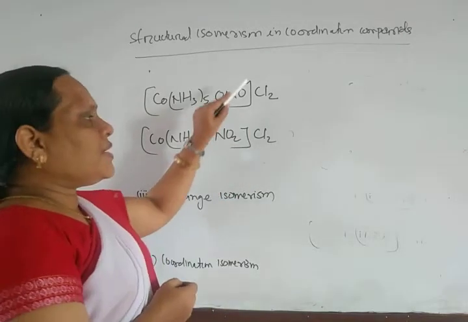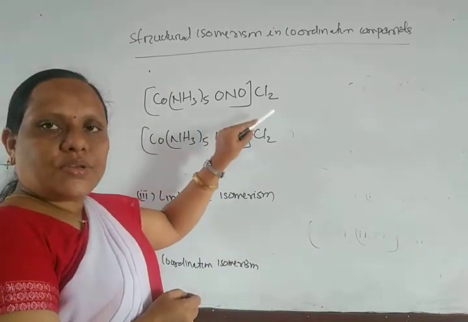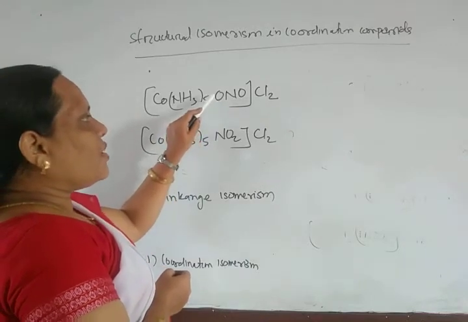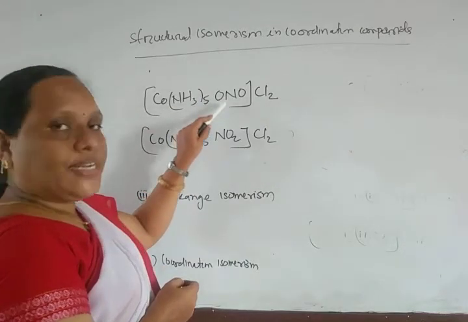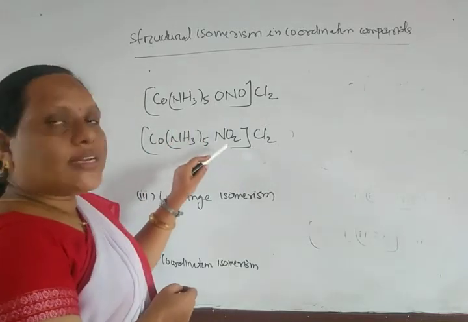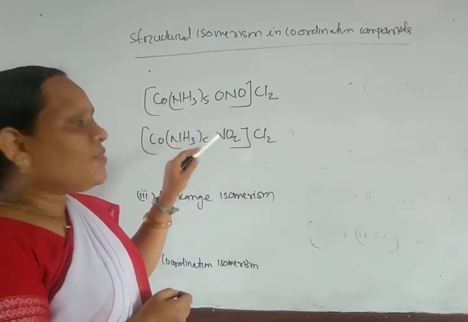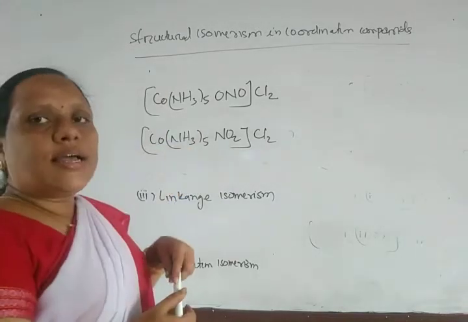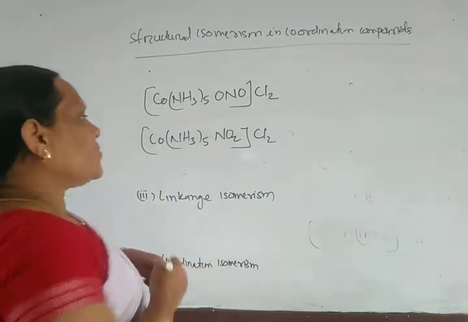Both are precipitated by aqueous solution of silver nitrate, but here the ligand is attached through the oxygen atom, this is nitrito-O, and here it is attached through the nitrogen atom, that is nitrito-N. In this way, these two are linkage isomers of each other.